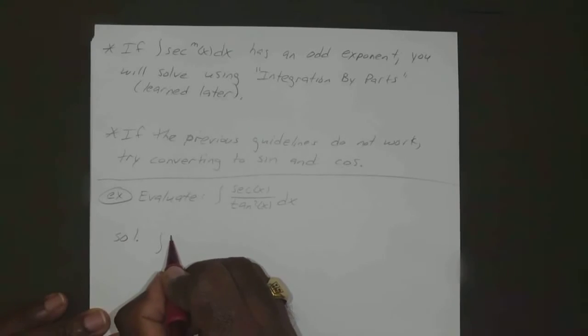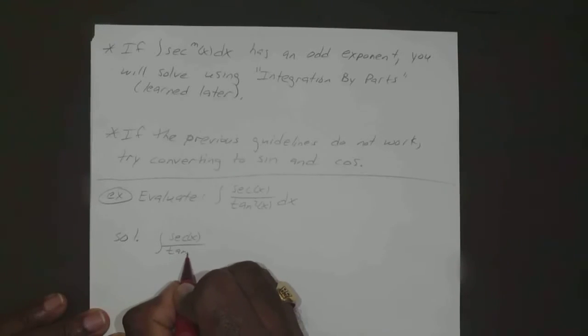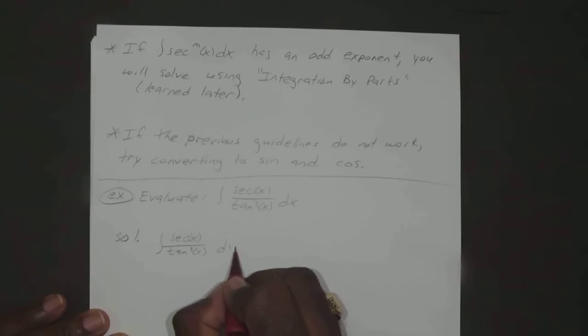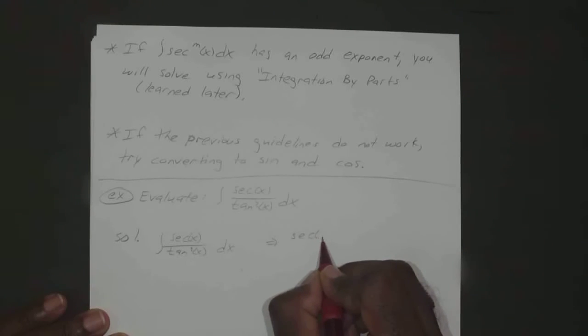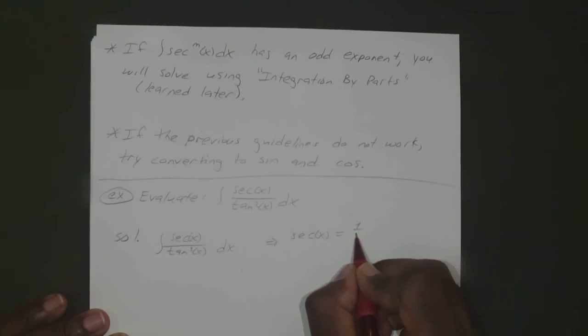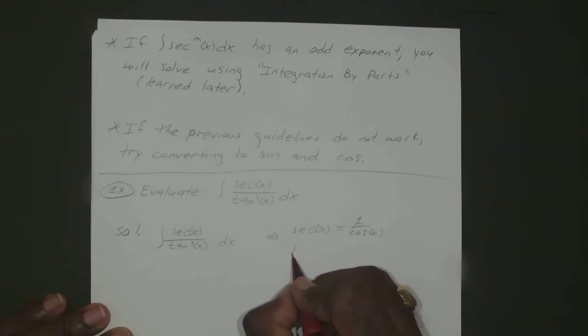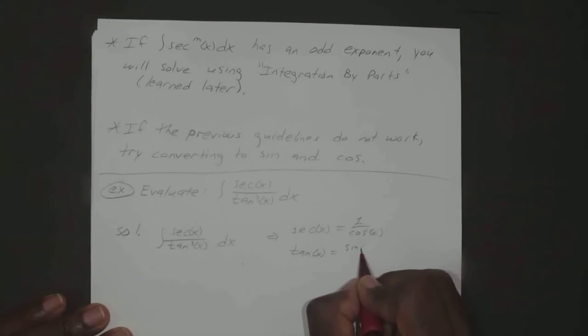Okay, but we can also rewrite this. The integral of secant of x over tangent squared of x dx. We know that secant of x is just 1 over cosine, and our tangent of x is just sine over cosine.